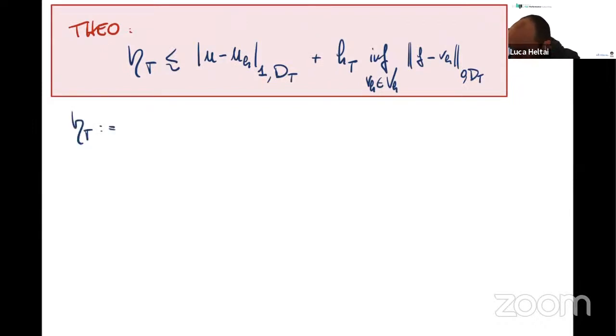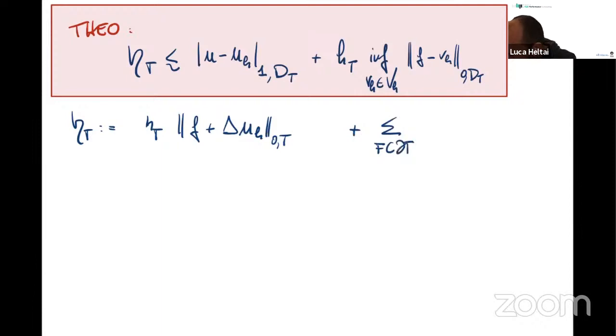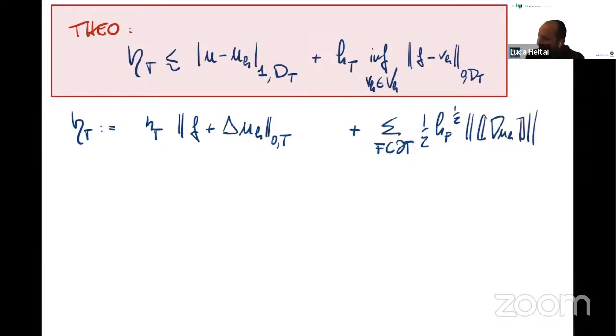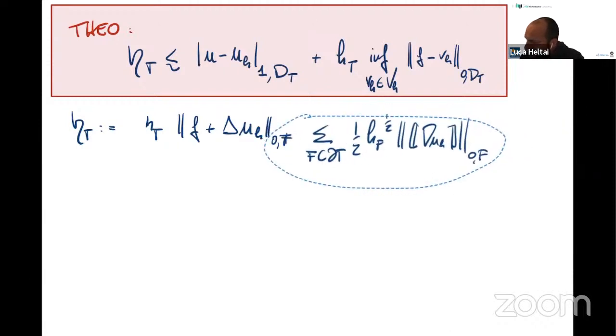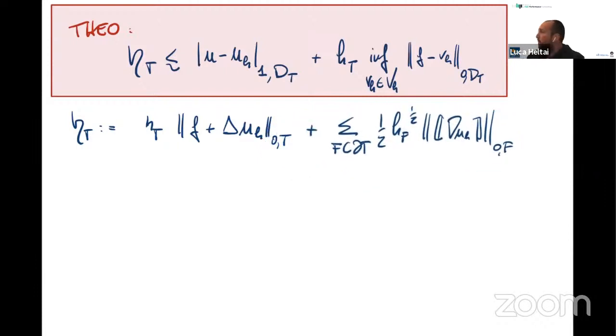One part, which is part number one, is h_T times the norm of f plus Laplacian of u_h on T, and then we have the sum over all faces that belong to the boundary of T of 1/2 h_F to the power 1/2 times the norm of the jump of the gradient of u_h on the face F. Okay, so this is what we want to estimate and to prove that is equivalent to what's written on top of that.